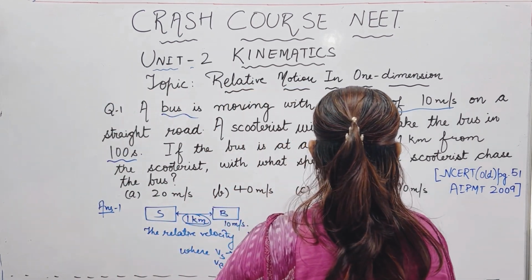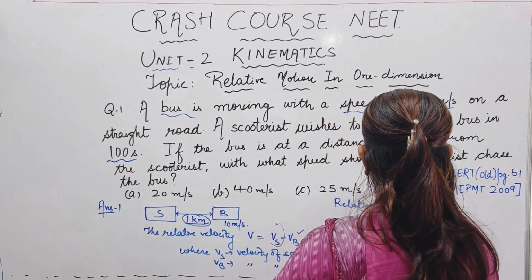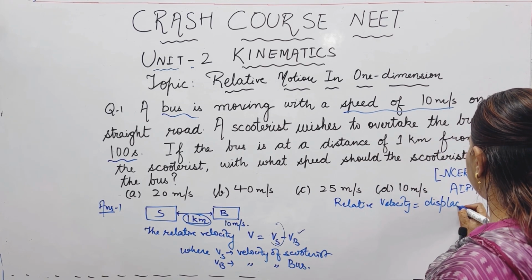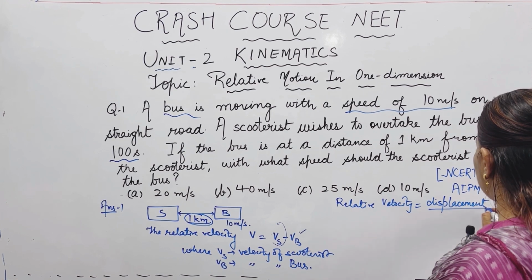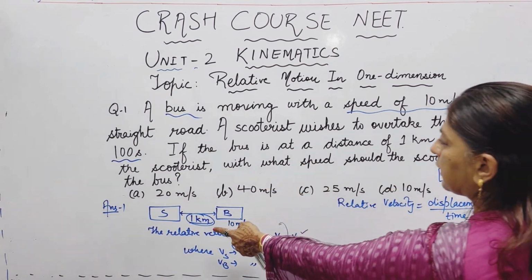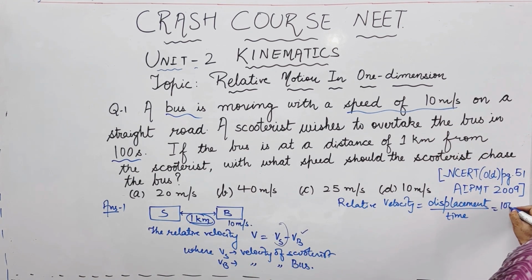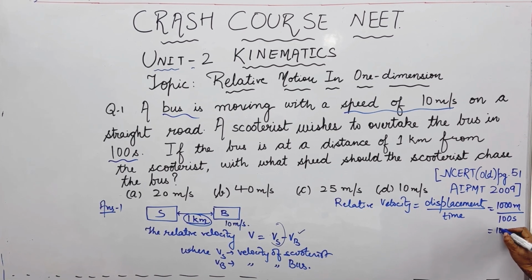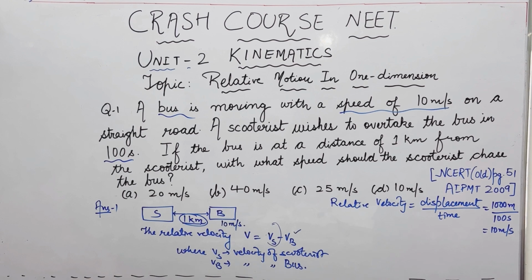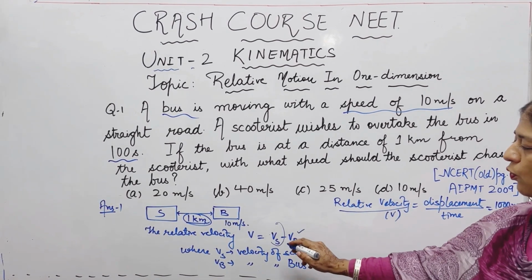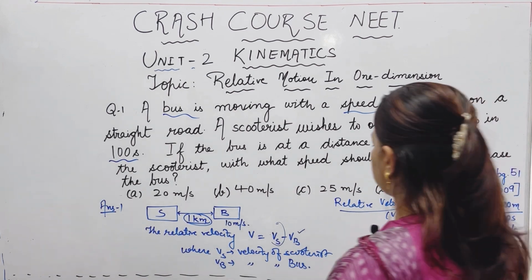So relative velocity is equal to displacement upon time, and this displacement here is 1 kilometer, so it is 1000 meter, and the time to complete that is 100 seconds. So the value comes out to 10 meter per second. Now we know the relative velocity v, and we know Vb, so Vs can be calculated.